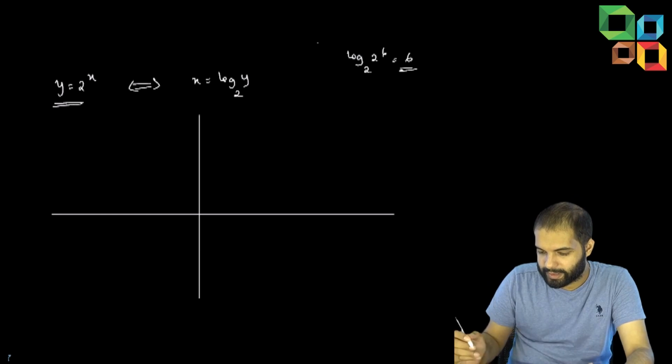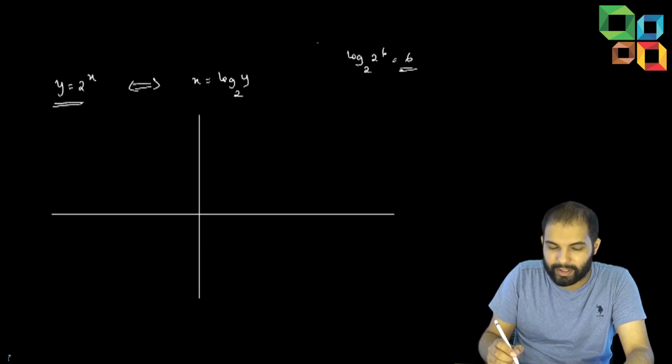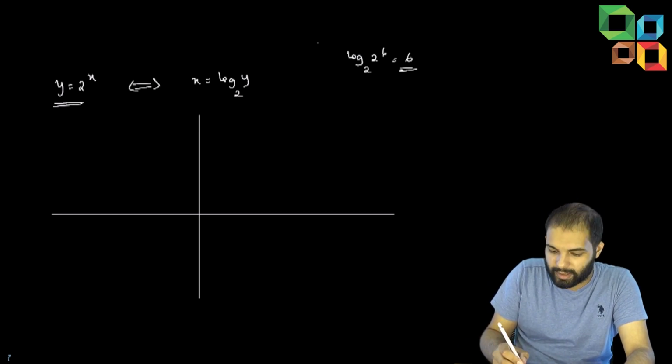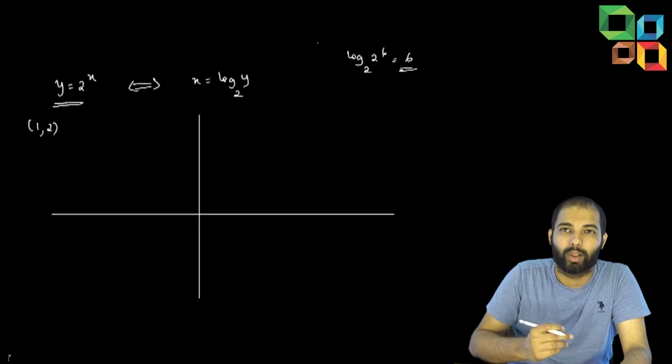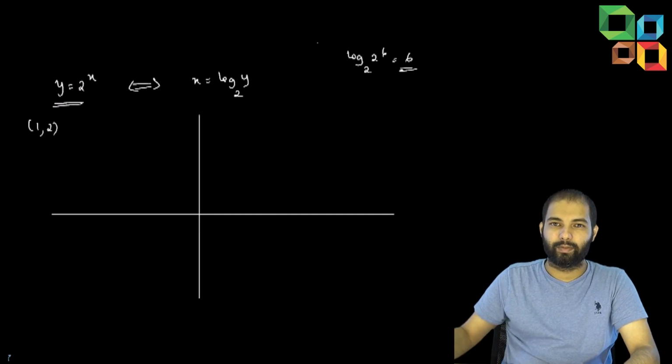If you are not sure, just take some examples. Just take x equal to 1 and see. When I put x equal to 1, I'm going to get y equal to 2. So take some more examples, just plot it, and see what the graph looks like.